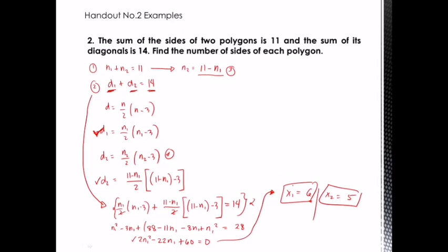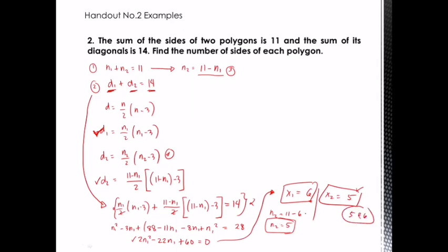So either way, you will get 6 or 5. If you choose 6, N2 is 11 minus 6, so N2 therefore is 5. Either way, you get 6 and 5, or if you use the other as your answer, 5 and 6. So just the same.